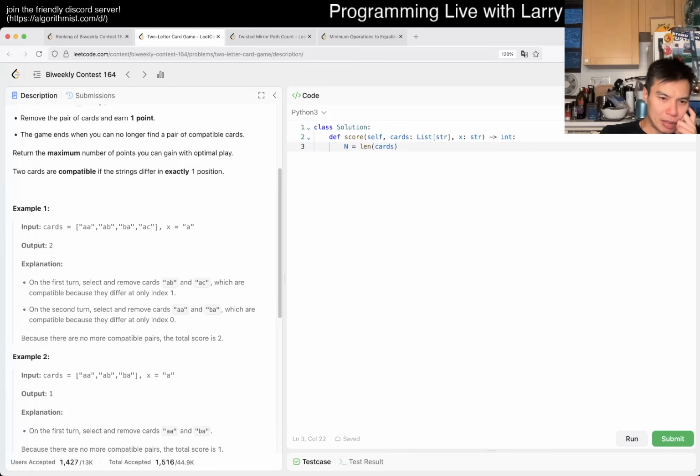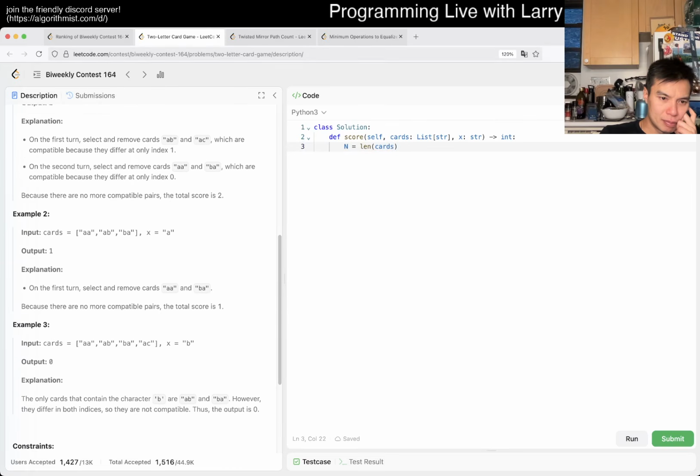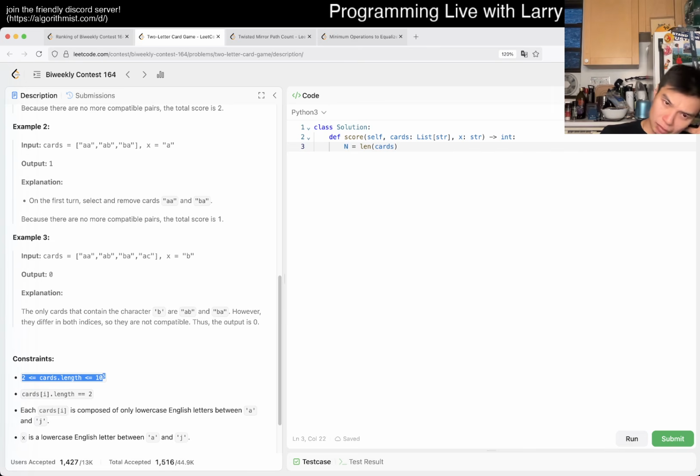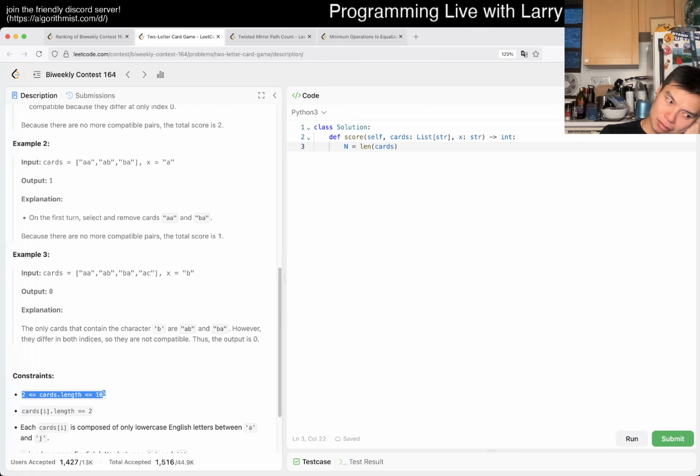It's just the number of pairs, right? Yeah, I mean, with 10 to the 5th, what can you do? Honestly, what I wanted to do is bitmask DP, but obviously 10 to the 5th is not even close.